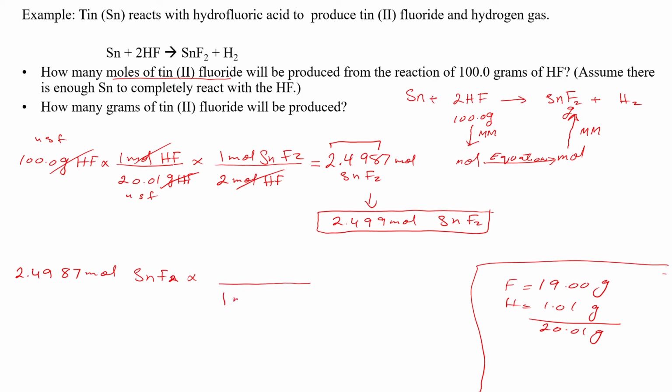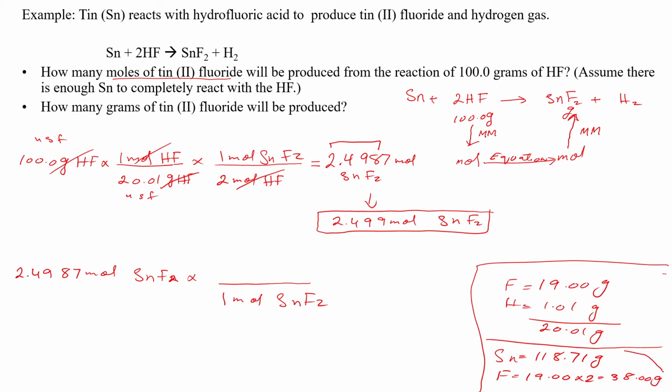We need again a molar mass conversion factor. This time we need the molar mass of tin 2 fluoride. So tin is 118.71, and fluorine we have 19.00 times 2.